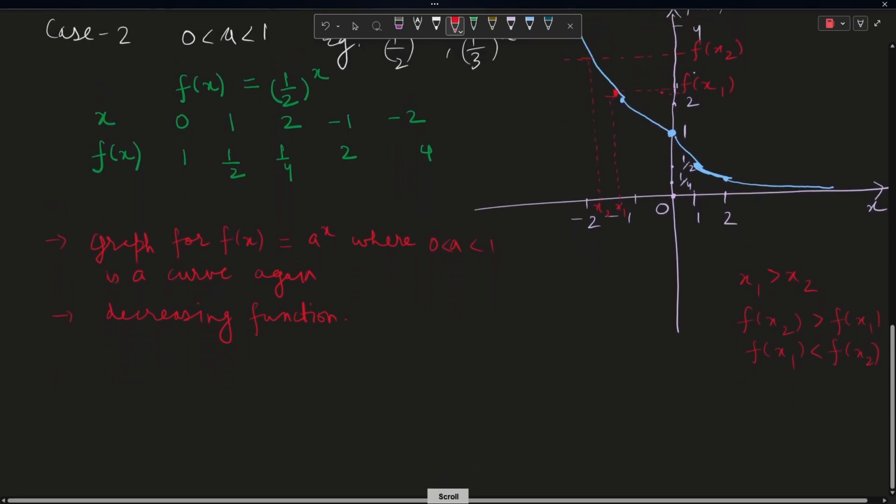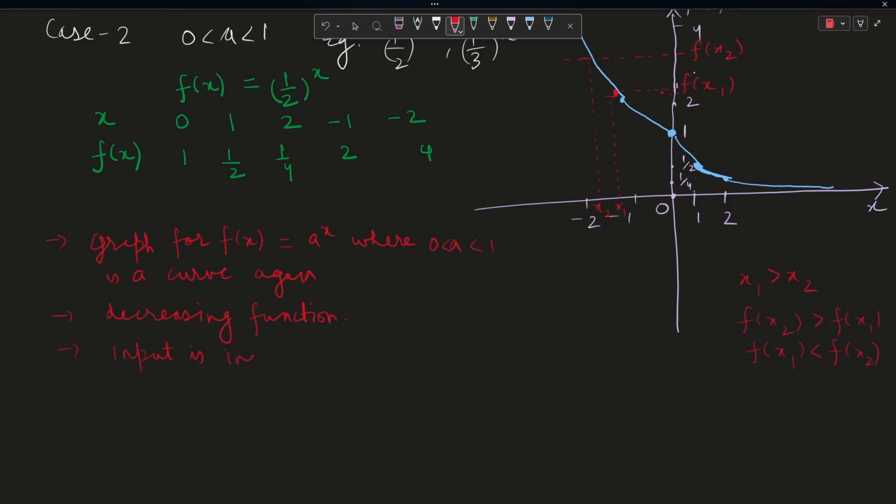Now in this, the input is increased, but the output is decreased, or vice versa.